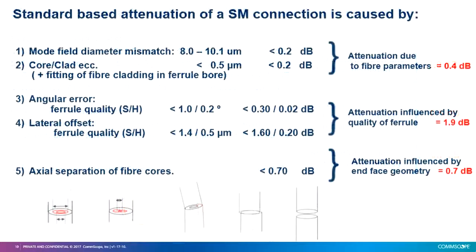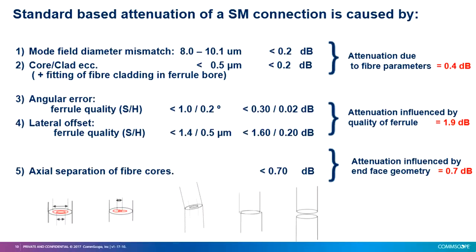When you move to single mode, it's more difficult because the mode field diameter for single mode is 8 to 10 micron. Here the attenuation mismatch due to the fiber parameter should be within 0.4 dB, attenuation influenced by the quality of the ferrule is 1.9 dB, and attenuation influenced by the end-face geometry, whether angle or physical contact, is 0.7 dB.